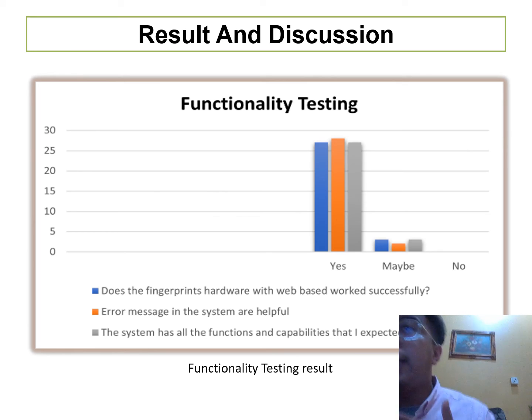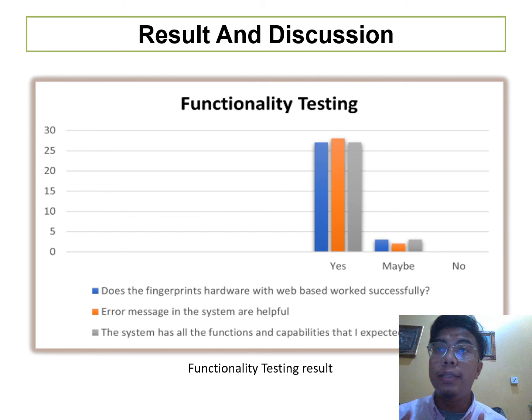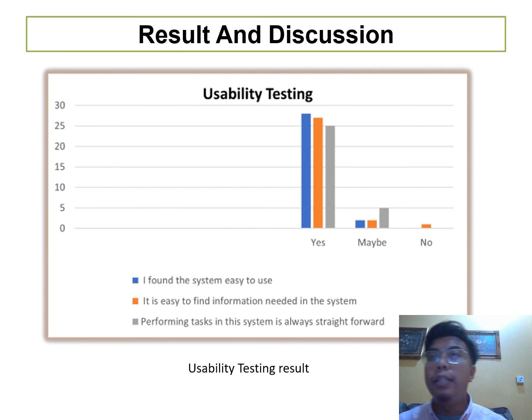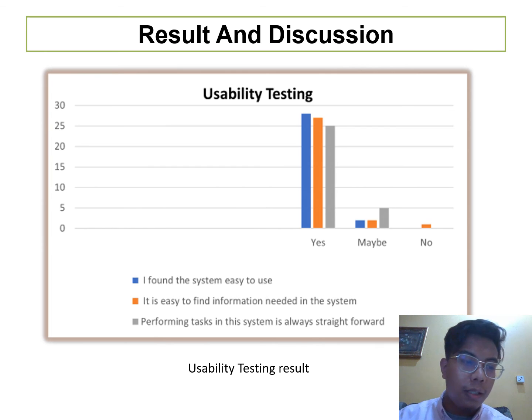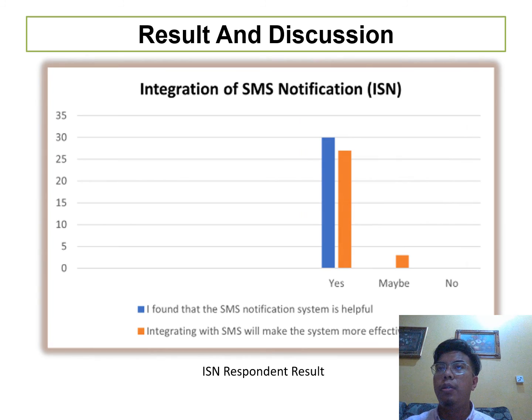For the functionality testing, 93.3% of respondents answered yes and 6.6% answered no. Next is the usability testing: 80.6% answered yes, 20.2% answered maybe, and 1.1% answered no. For the integration of SMS notification, most of the respondents answered yes, and only 6.6% answered maybe.